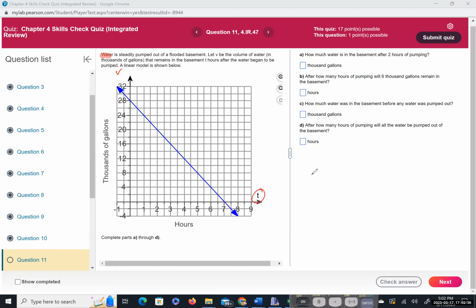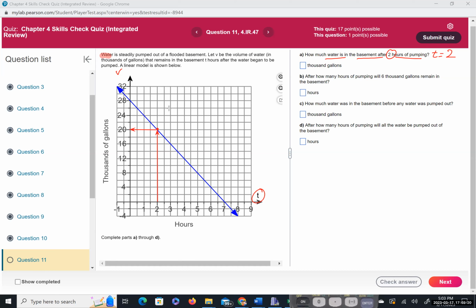T is here, right? How much water is in the basement after 2 hours of pumping? This indicates T equal to 2. So when T equals 2, you look at the T here. 2 is here. You will draw a vertical line through 2, and it's gonna intersect the graph at this point. From this point, you can draw the horizontal line to the V-axis to get the value of V, which is going to be 20.